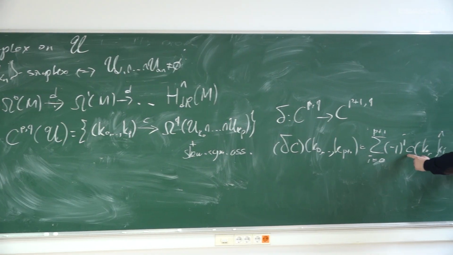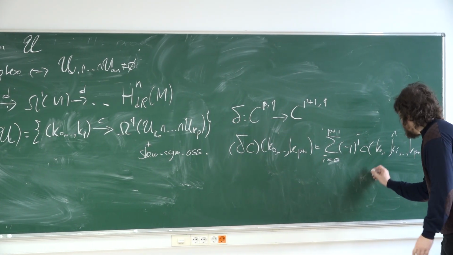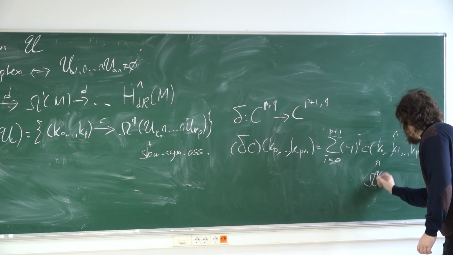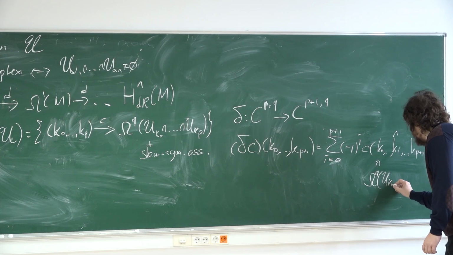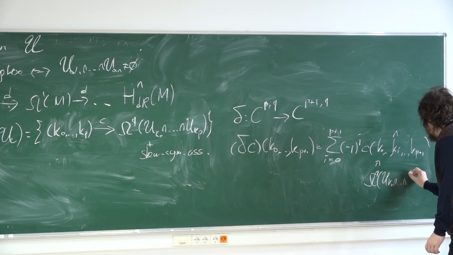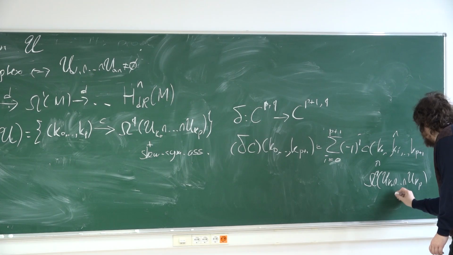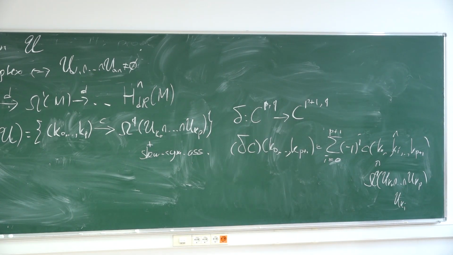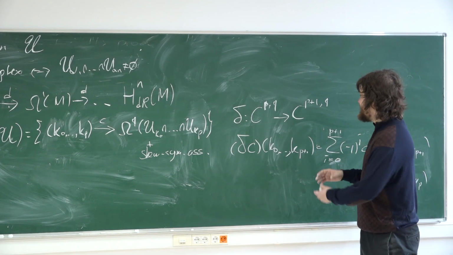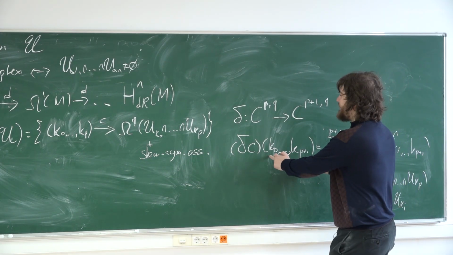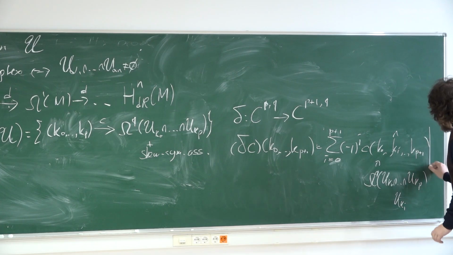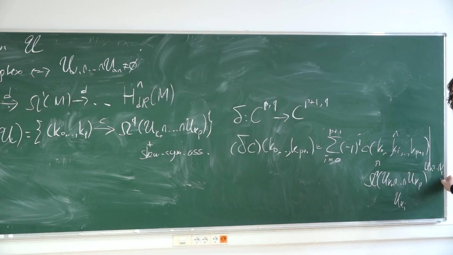This form is defined from Q on this intersection without U_{K_i}. And I need a differential form on the intersection of all these things. I can restrict it to the intersection of all U_K up to p+1.